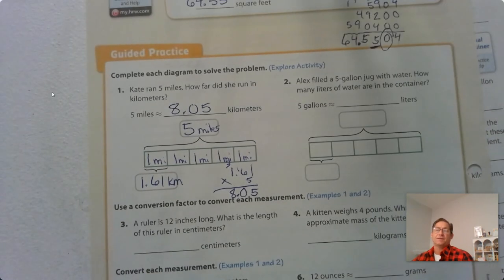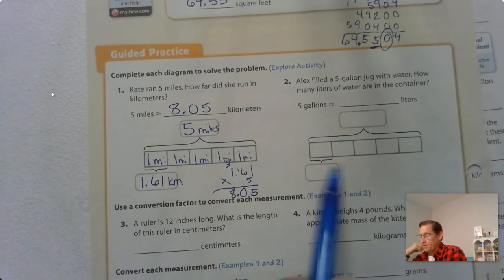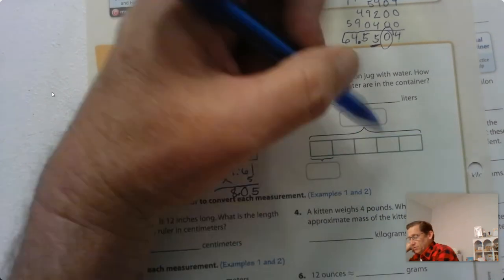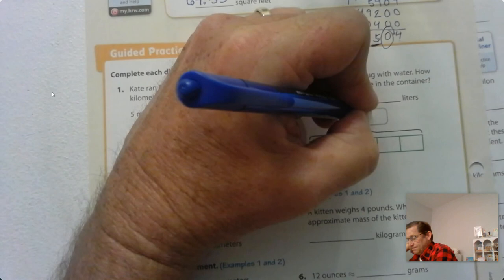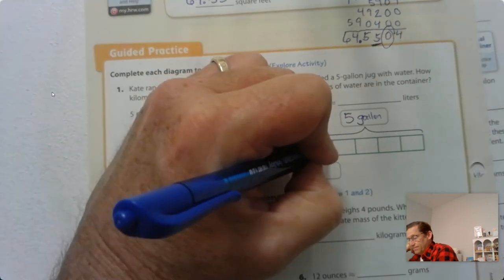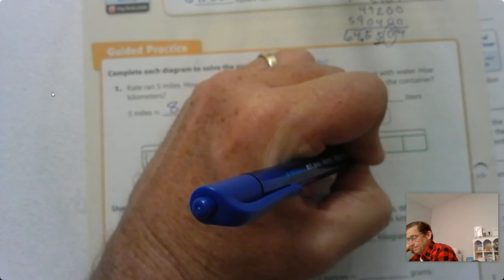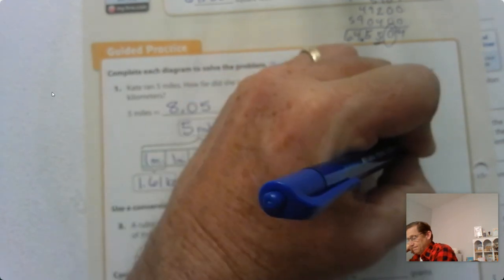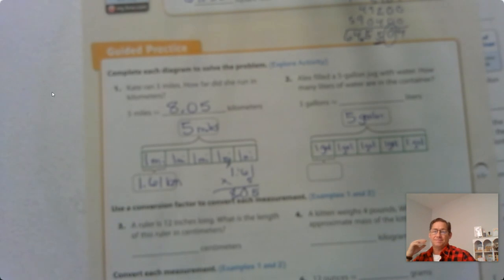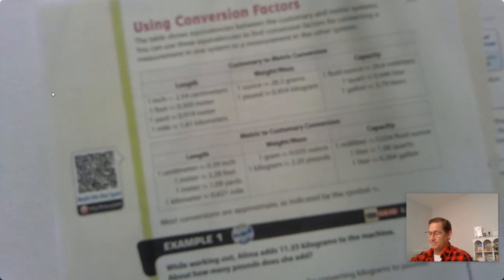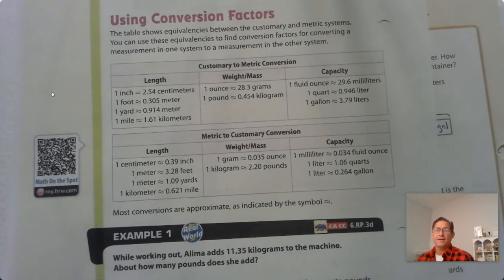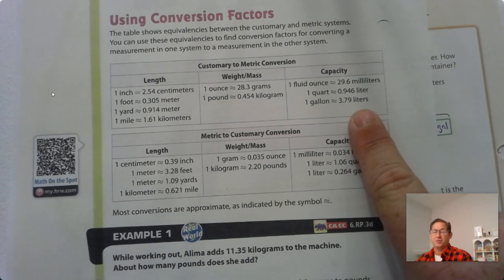Right? Alex filled a 5-gallon jug with water. How many liters of water are in the container? 1, 2, 3, 4, 5. So this top part is 5 gallons. Every box is 1 gallon. And every gallon is 3.79 liters.